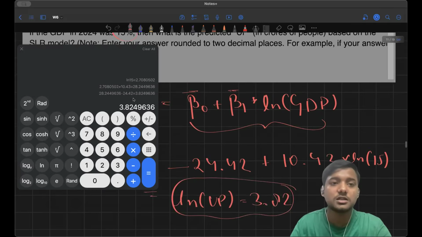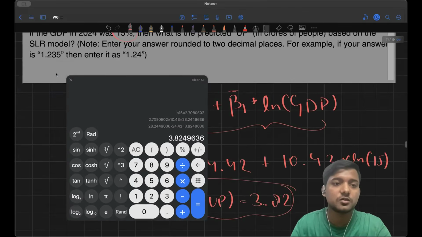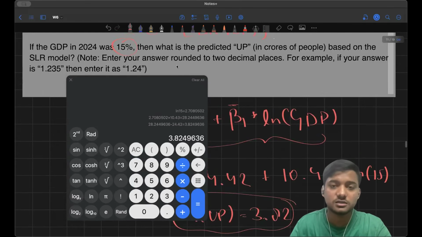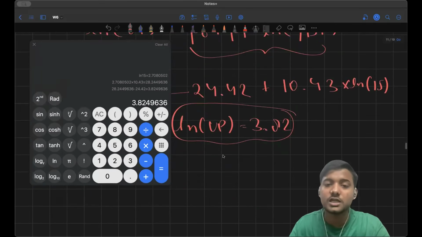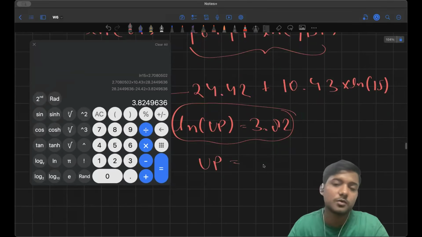I was being asked, the question was, if the GDP is this, then what is the predicted UP? They were not asking me ln of UP. So I need to change this from ln UP to UP. So urban population is equal to e to the power 3.82. So let's do this.